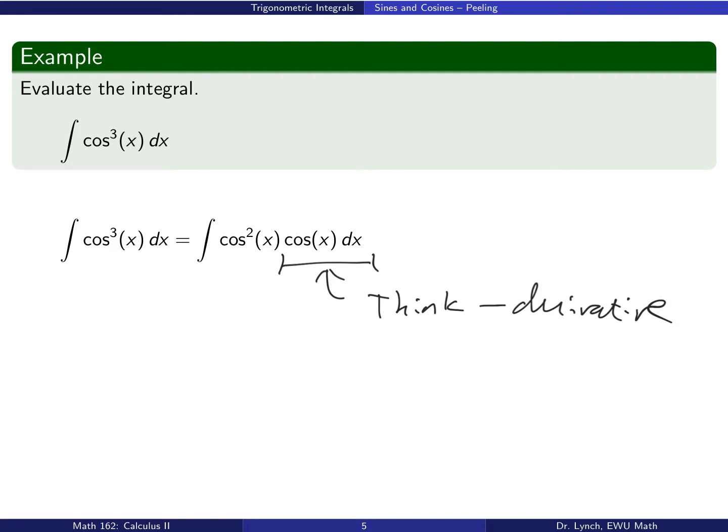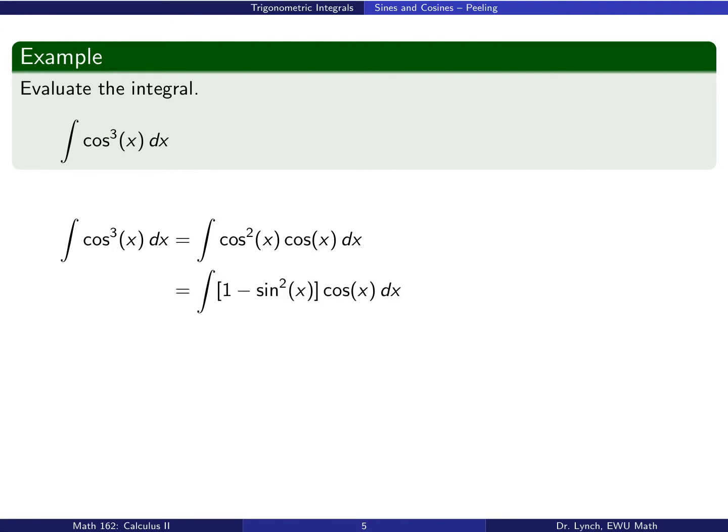So that suggests modifying the squared term that's left over to rewrite that term as 1 minus sine squared. So when you stare at this, you should see a function and its derivative here suggesting the u substitution, u equals sine of x.